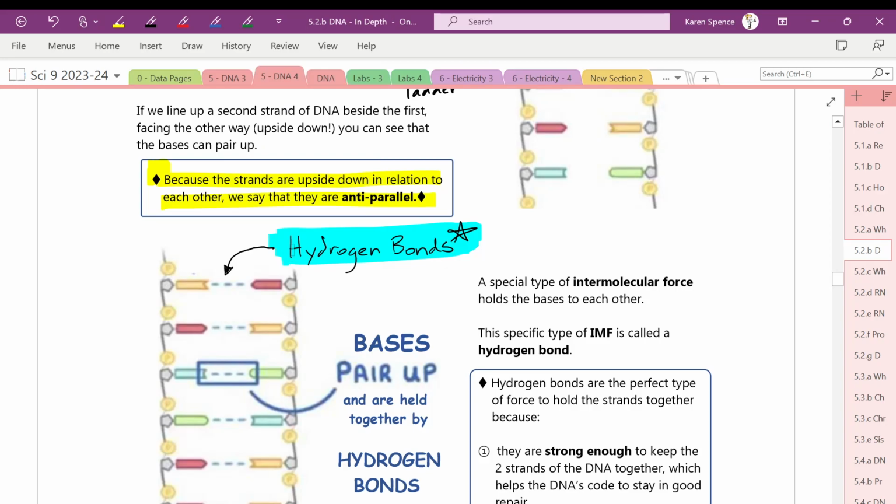Now, hydrogen bonds are the bonds that hold the two strands of DNA together. And for most of you, that's all you need to know.